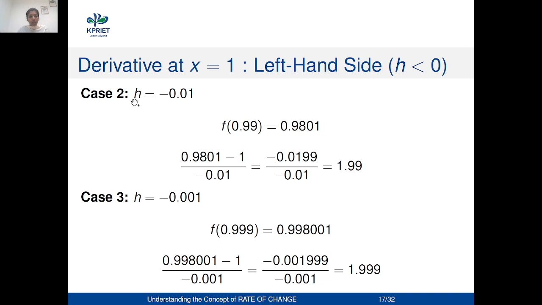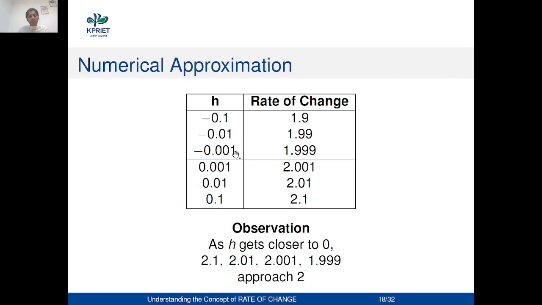And next, let us consider an even smaller h. So h is minus 0.01. According to this, the point is 0.99. The square of the number is 0.9801. According to the formula, the answer is 1.99. And similarly for h even smaller, I'm getting 1.99. So here I can observe that if my h is even smaller, converging to 0, on the left hand side my answer is converging to 2.